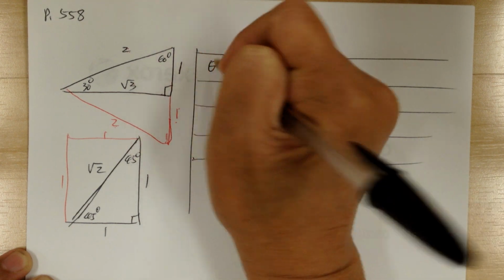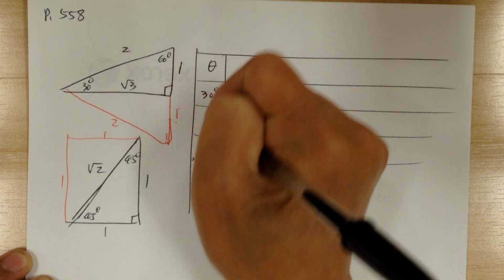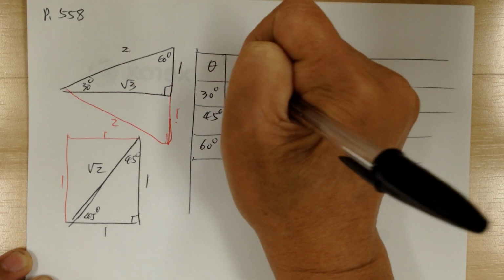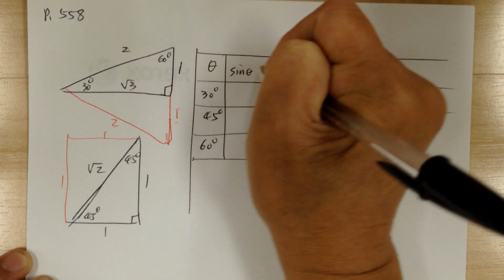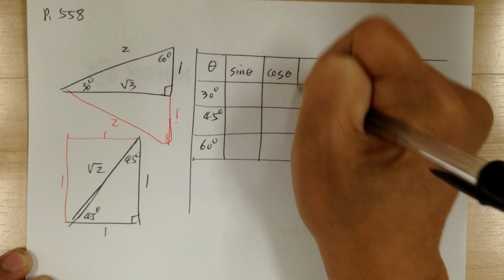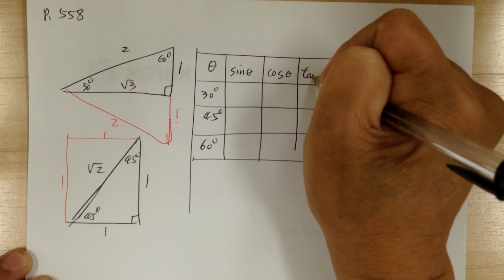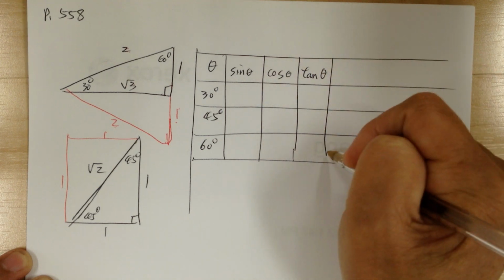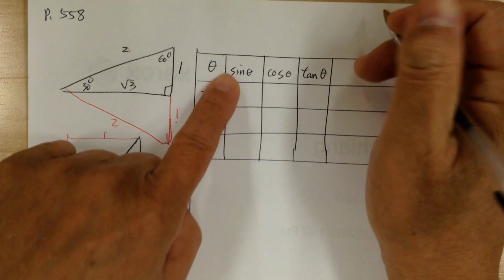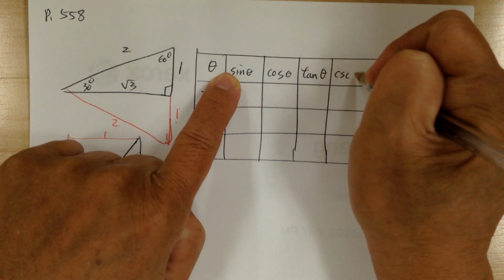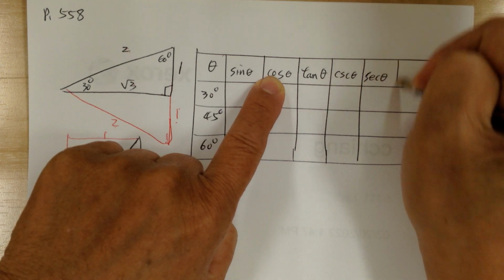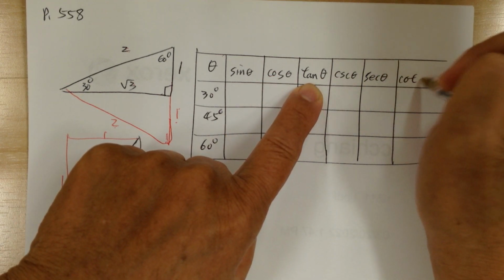Okay, so theta, you got 30 degrees, 45 degrees, and 60 degrees. And you're going to get the sine, cosine, tangent. And then sine would be cosecant, cosine would be secant, and tangent would be cotangent.